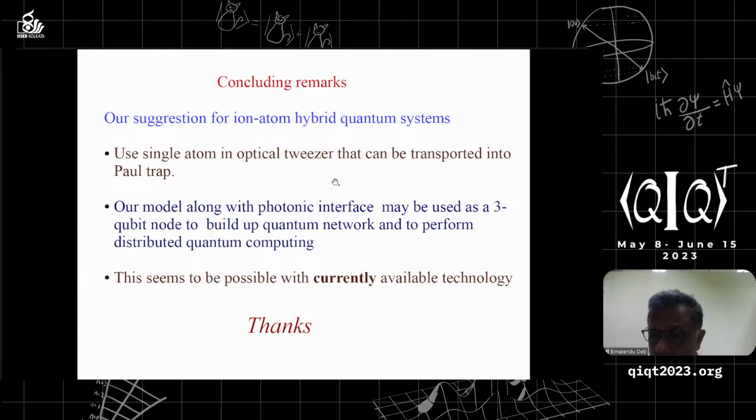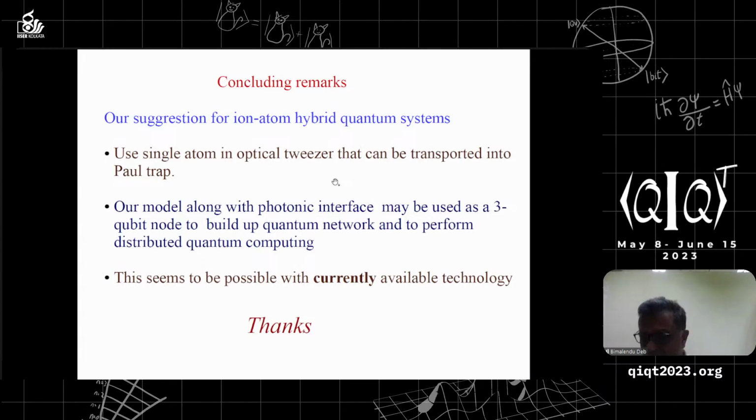Typically, the neutral atoms are trapped in the ground state in the optical tweezers. But there are experimental methods: by choosing what is called a magic wavelength, one can trap both the ground state and the Rydberg state simultaneously in one trap. So that will give an added advantage.